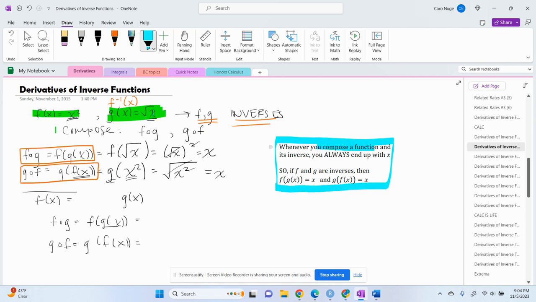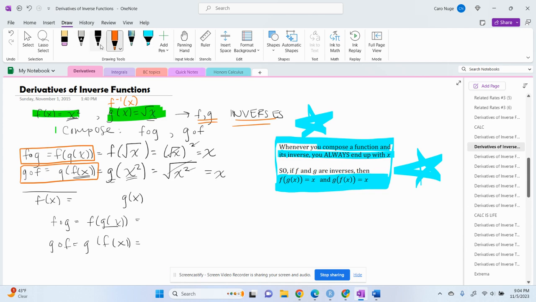If you compose a function and its inverse, you always end up with just x, whether you do f of g of x or g of f of x. It doesn't matter. If you don't end up with x both ways, the functions are not inverses of each other. So definitely remember this.